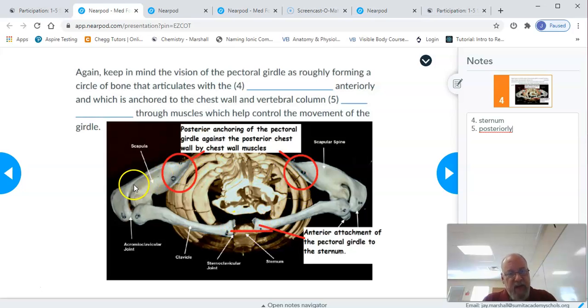So this is not anchored in very well. There is some posterior anchoring of the pectoral girdle against the posterior chest wall by chest wall muscles, but the only attachment to the actual bony core is the articulation at the sternum with the proximal or the medial ends of the clavicles. Let's go ahead and go to the next slide.